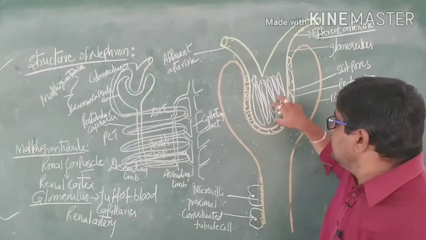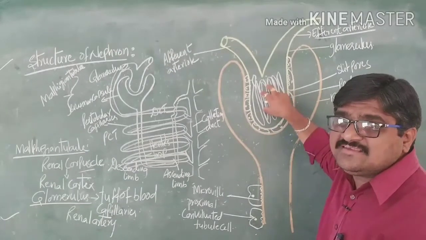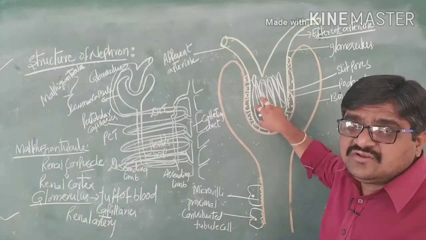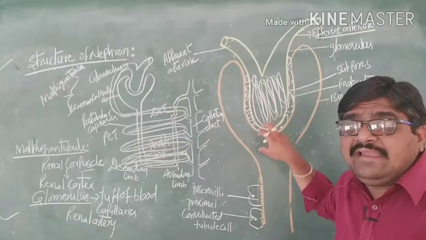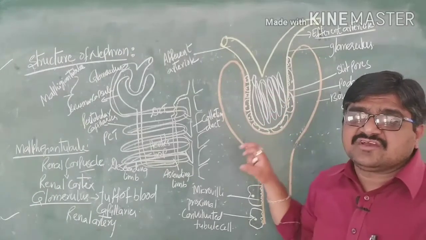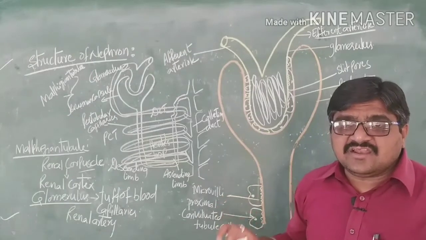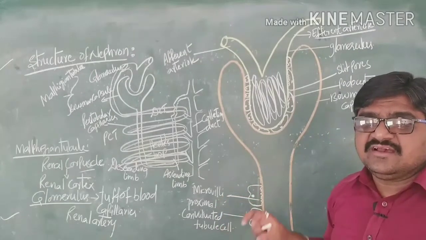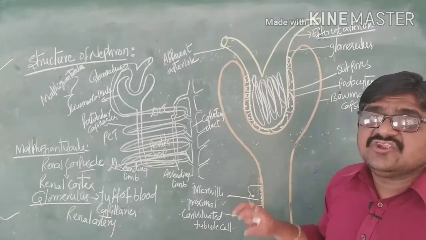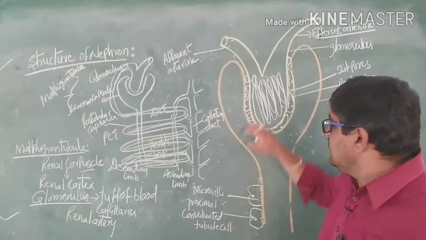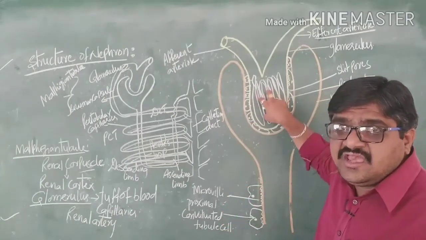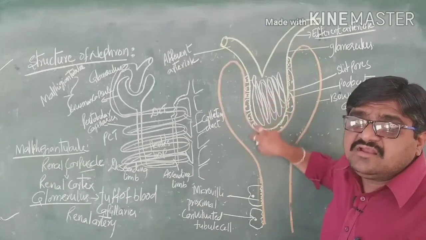That means in the glomerulus, when blood enters into the Bowman's capsule, filtration of blood takes place. The blood which consists of harmful substances or excretory waste materials, essential or non-essential elements, are filtered into the Bowman's capsule.